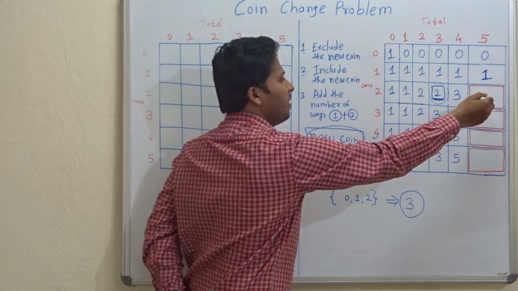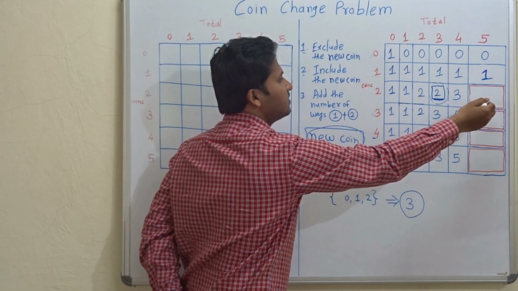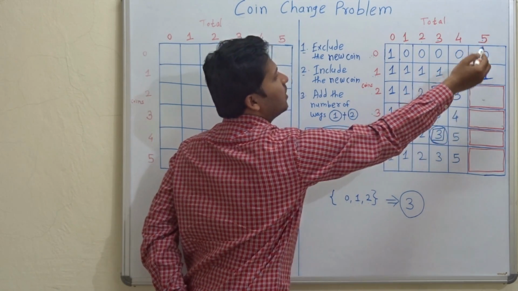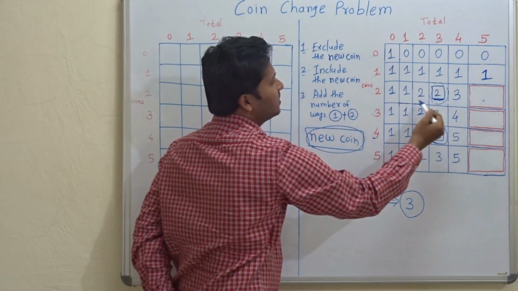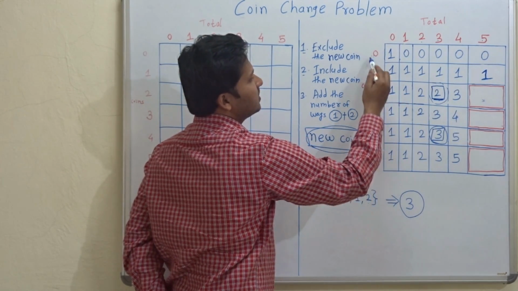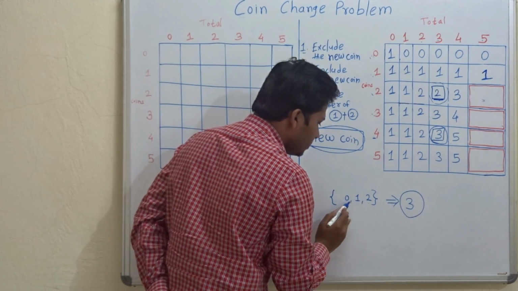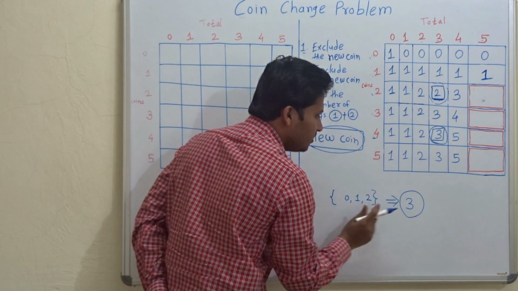See, this blank cell represents the number of ways to make a total of 5 by using coins of denomination 0, 1 and 2.